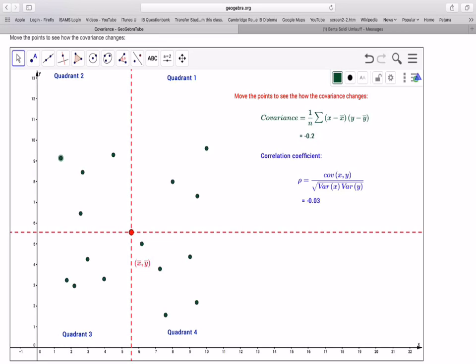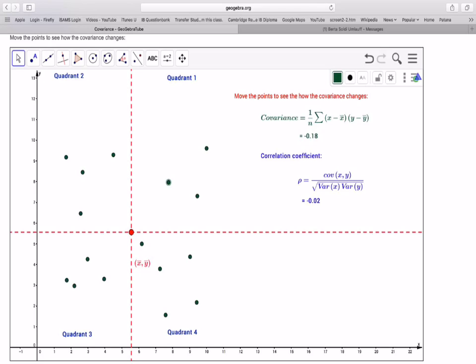I've got the points in all four quadrants here, and what I've got is a very low negative covariance, but the correlation coefficient is almost 0, which says that there is no linear relationship here.